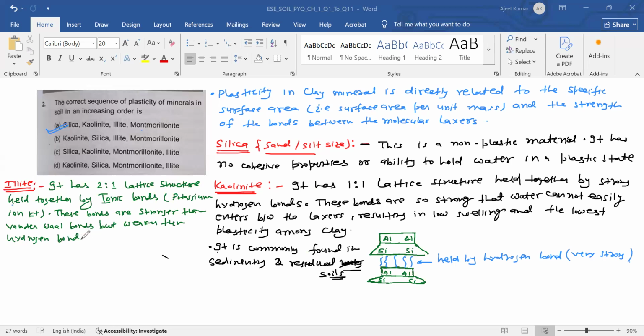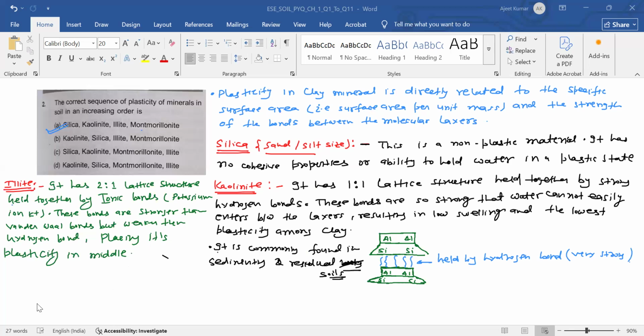Okay, placing its plasticity in the middle.